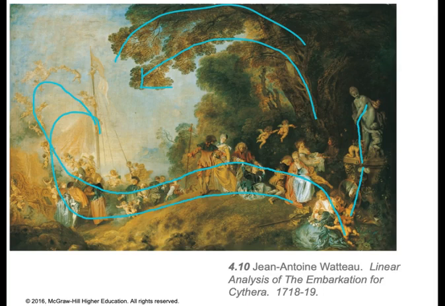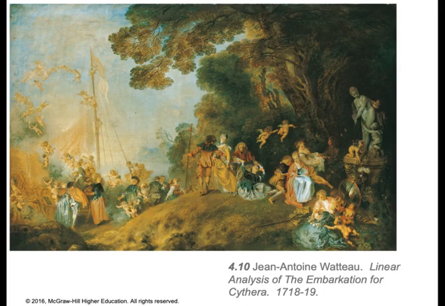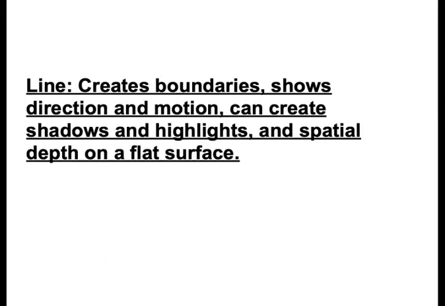Okay, so line, summary, creates boundaries. It shows direction and motion, like we just talked about. It can create shadows and highlights, and just keep that in the back of your mind, because we will look at that one when we get to value, one of the other elements of art.